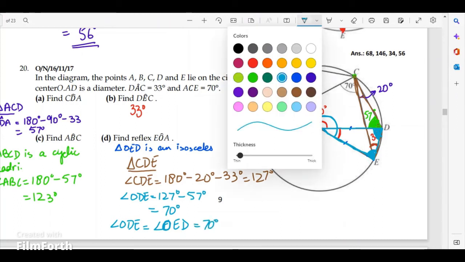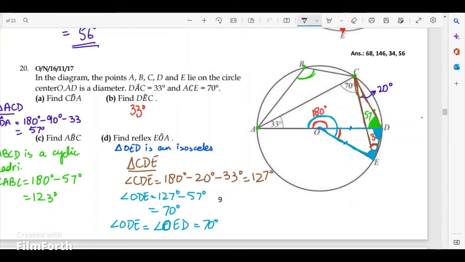So now if I want to work out this portion of the angle, this bit, I can apply the angle sum of a triangle. So angle DOE would be 180 degrees minus 70 degrees minus 70 degrees. That means 180 degrees minus 140 degrees. That would give me 40 degrees. So this bit is 40 degrees.